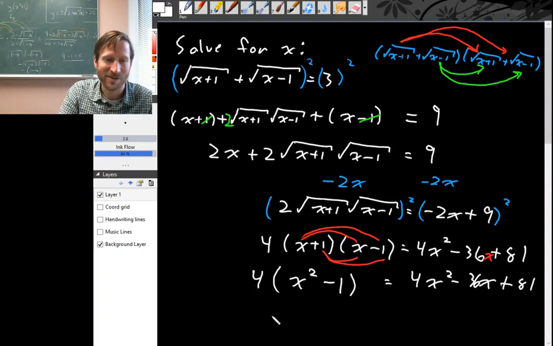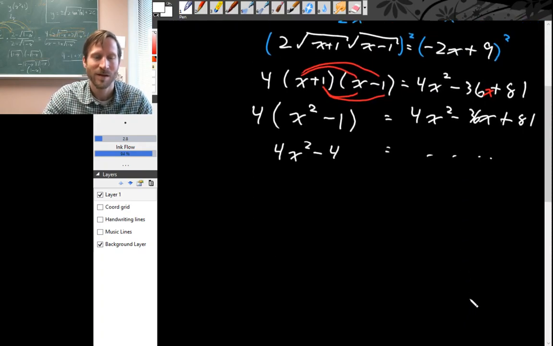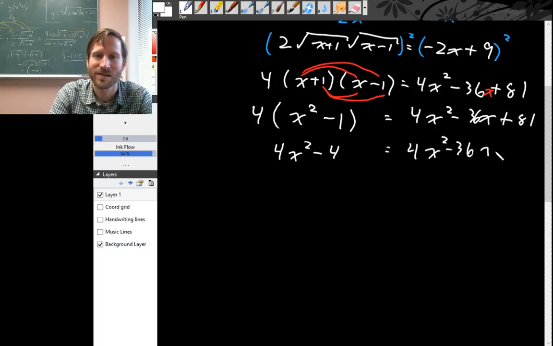Now we can multiply out the left-hand side even more: 4x squared minus 4 equals 4x squared minus 36x plus 81.